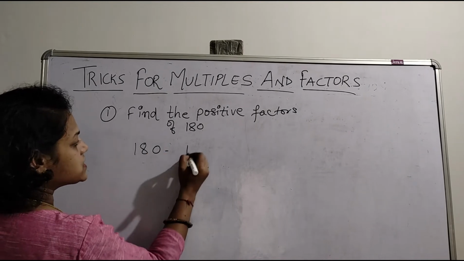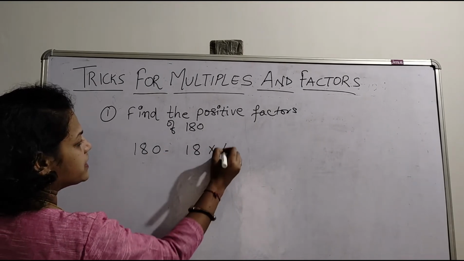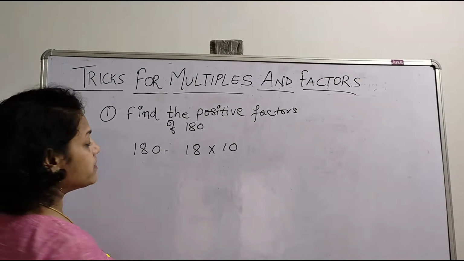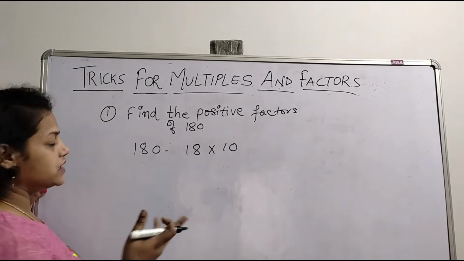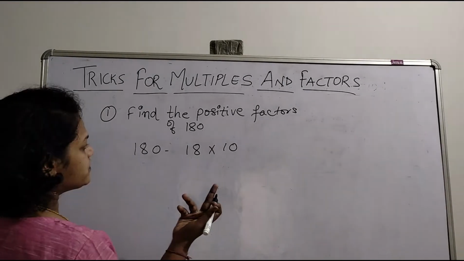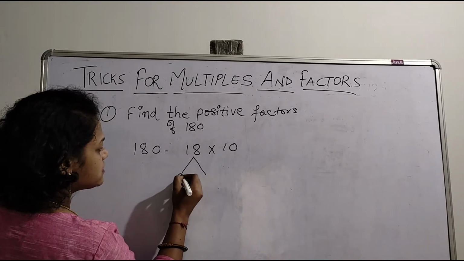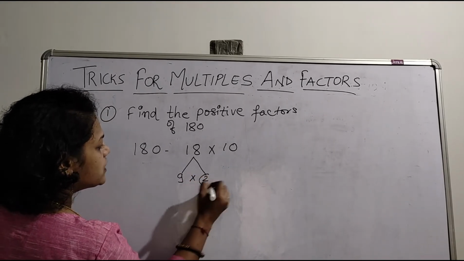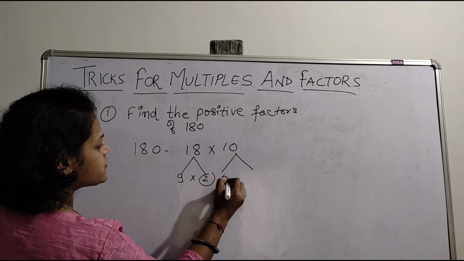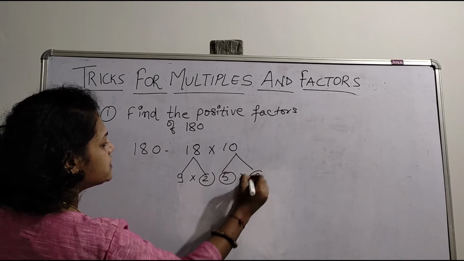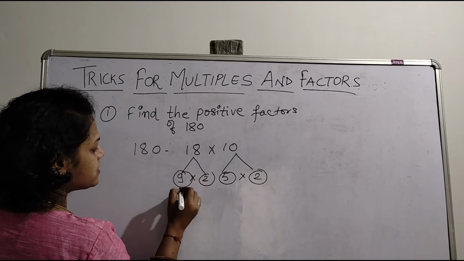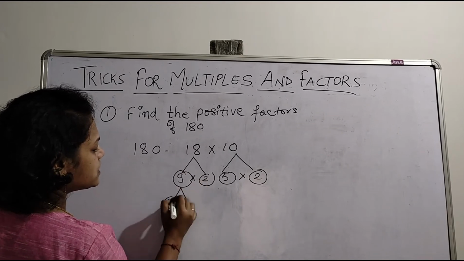See, 180 you can split as 18 multiplied by 10. I will tell more examples so it will be more clear. 18 you can write as 9 multiplied by 2, and 10 you can write as 5 multiplied by 2. Again this 9 can be split into 3 into 3.